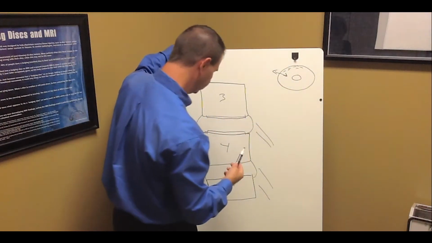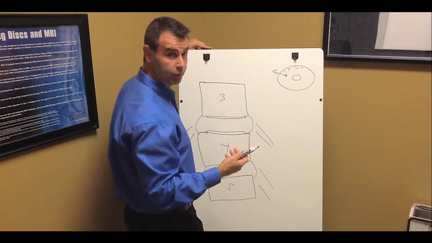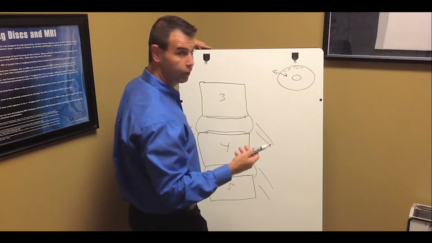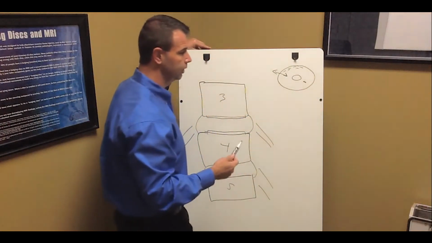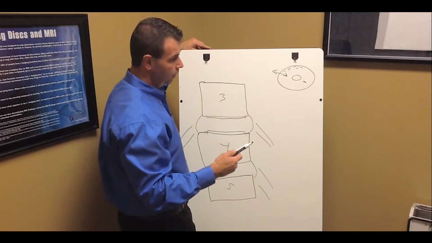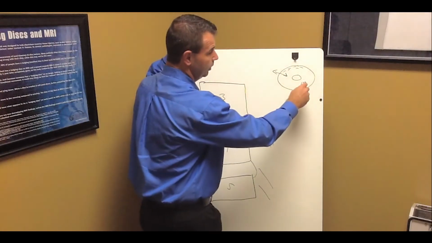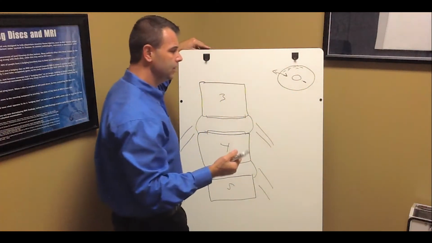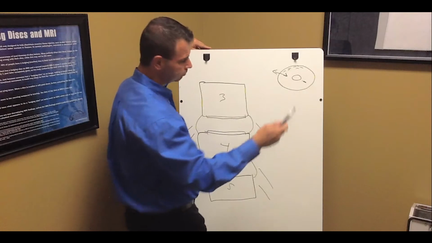So let's talk about the normal process of how we end up with a herniated disc. Typically it starts early on in life. At 12 years old, we do something, we get a little bit of back pain. Maybe we're 14, 15, fall out of a tree, and we get a little bit more of an injury. This time we notice it for a day, doesn't really slow us down, no big deal.